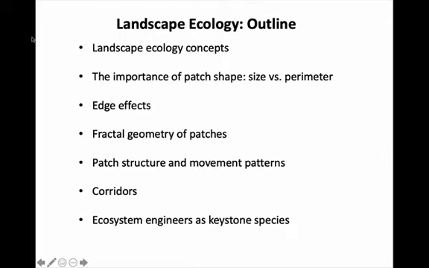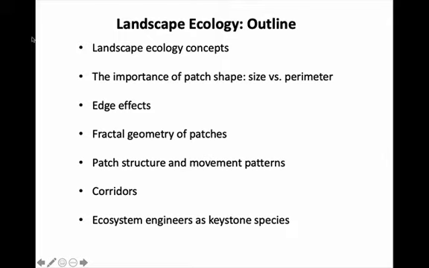The second part of this presentation will focus on the consequences of having habitats in patches beyond just simple species diversity, which is the focus of island biogeography. So we'll talk about patch structure and movement patterns of organisms in terms of population biology.